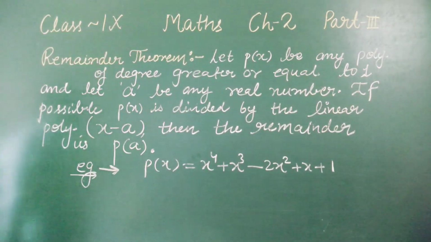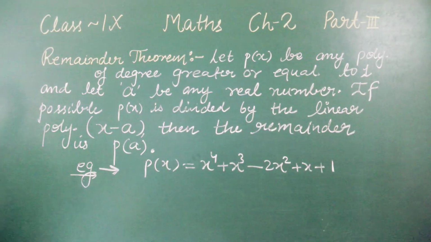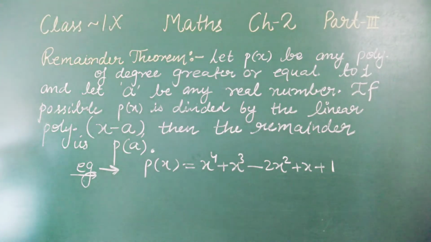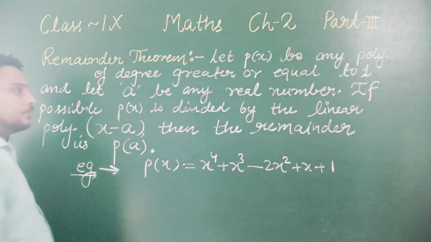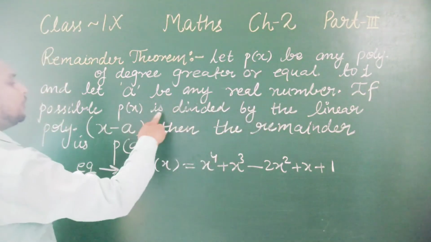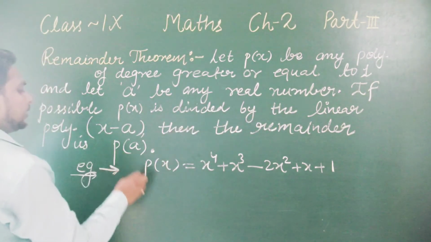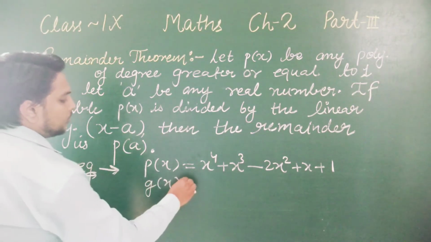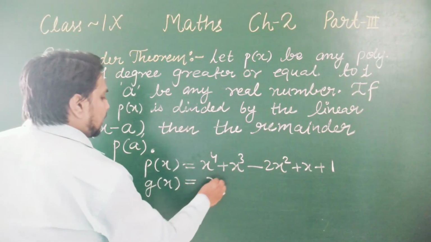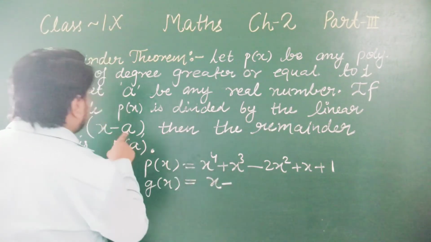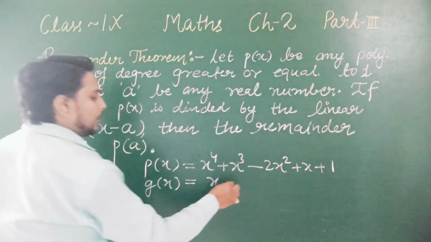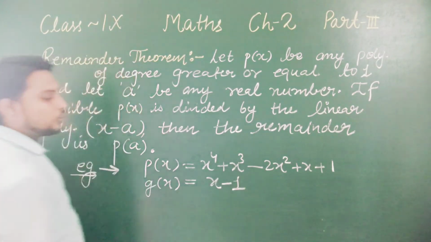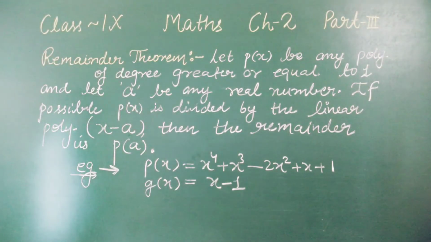This is a polynomial, and 1 is any real number. Then if P(x) is divided by a linear polynomial, in place of a there should be a real number, like x minus 1.